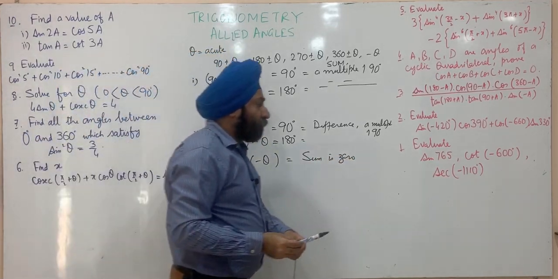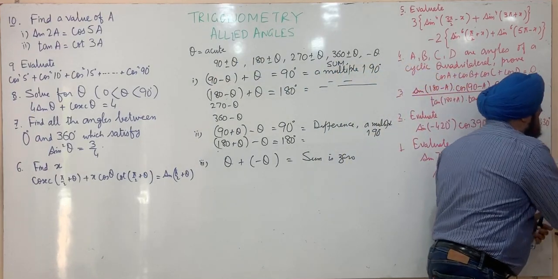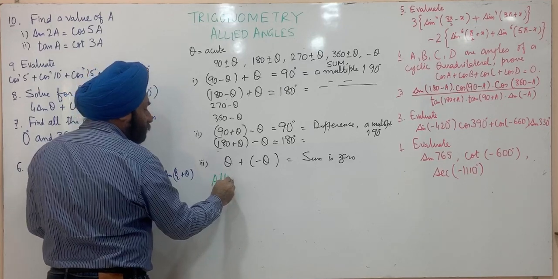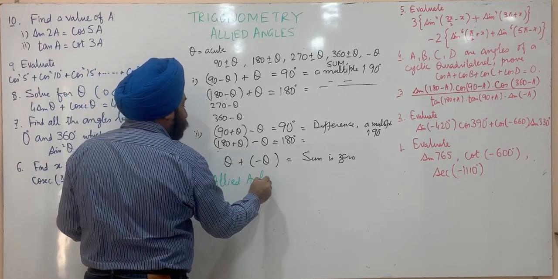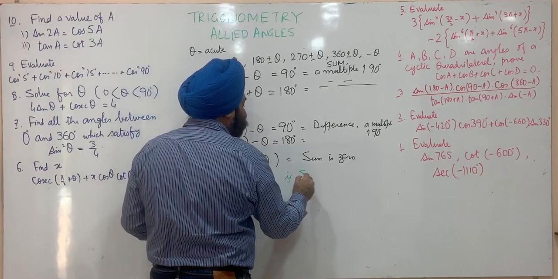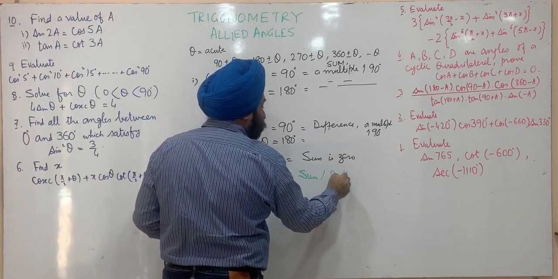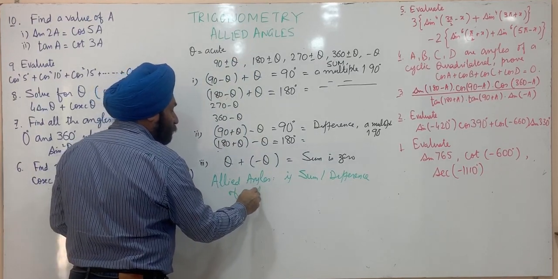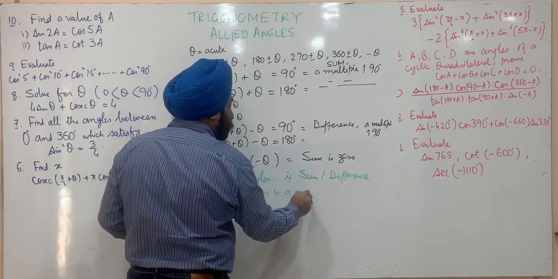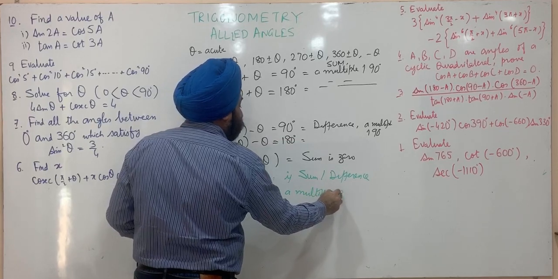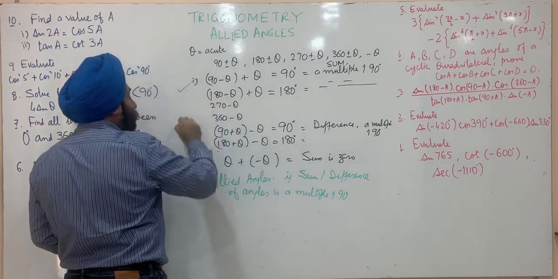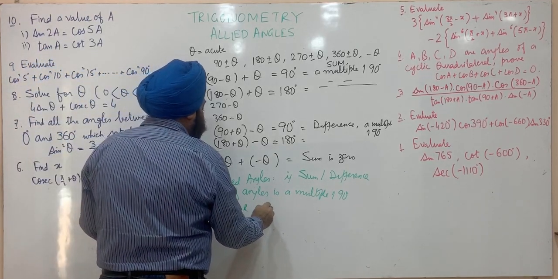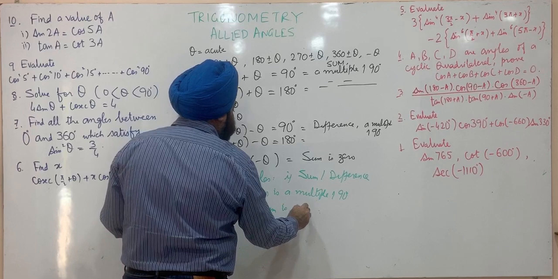So, we say two angles are allied angles if sum or difference of angles is a multiple of 90 degrees, that is this category and this category, or sum is 0.